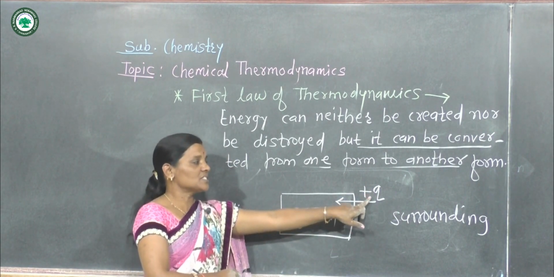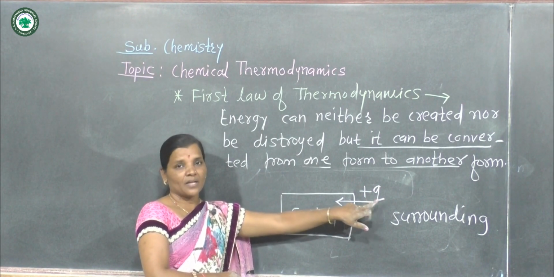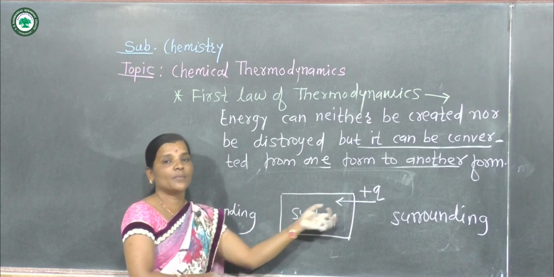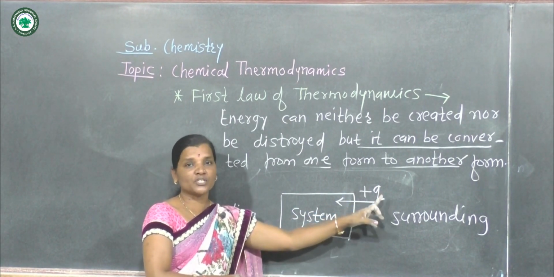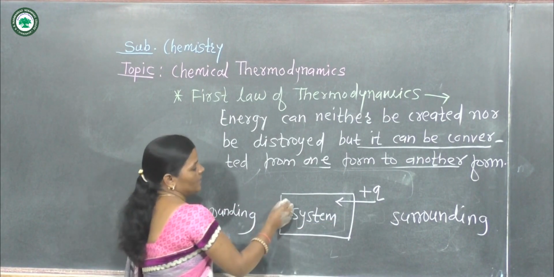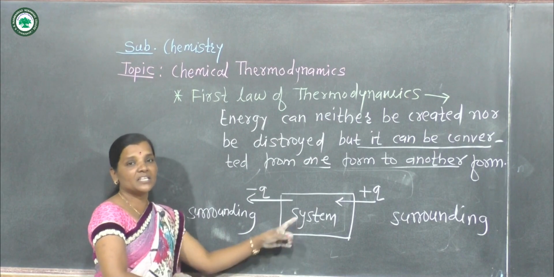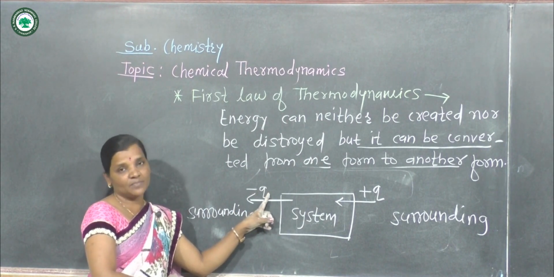So we are considering the sign for Q as plus. Heat is absorbed by the system, gained by the system from the surrounding, so plus Q. Now if heat is released from the system to the surrounding, then the sign for heat is minus.